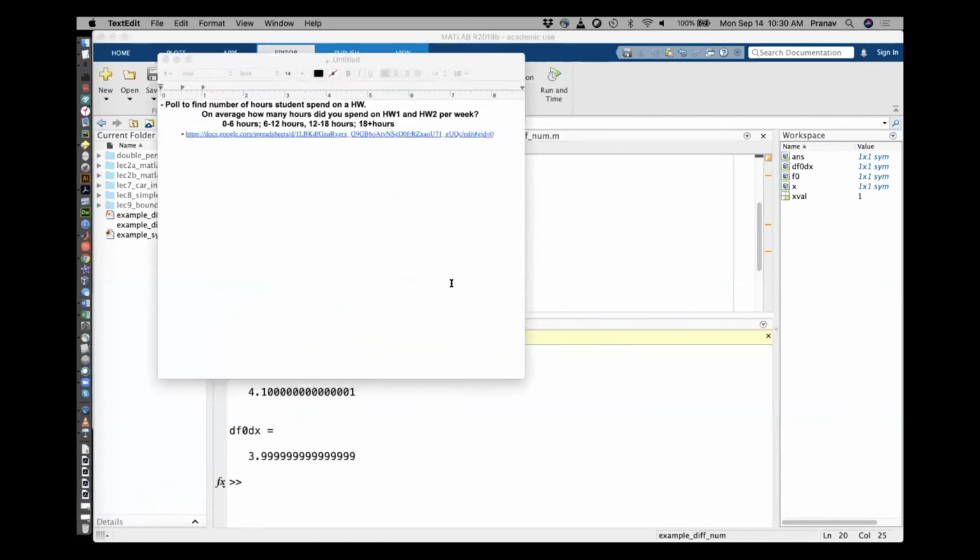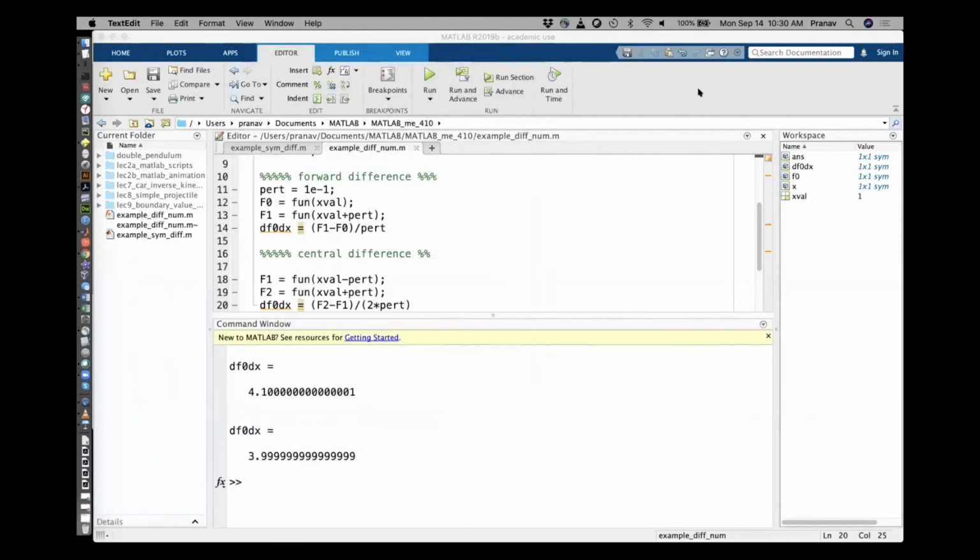Where's my poll? Okay, here it is. So I'm going to launch the poll, and it's anonymous. I don't know who's putting what, but answer the poll, and then we can compile the results. Do you see the poll? Okay, I'm seeing people are replying to the poll.